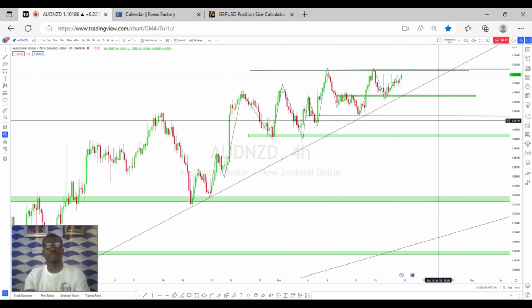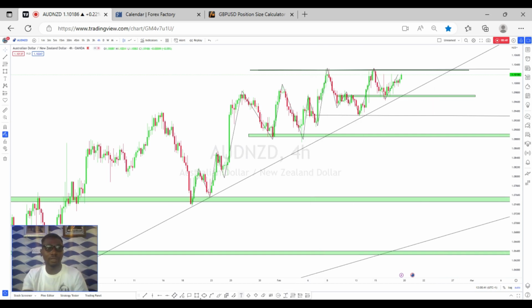Now, from the 4 hour time frame, we have already spotted the directional bias of the market. Note that we are still in an uptrend market. We have not broken the structural bias to the sell side. So currently our bias is bullish.